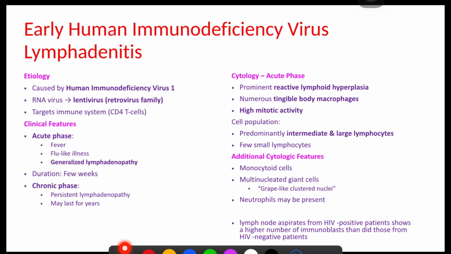Additionally, there are monocytoid cells like multinucleated giant cells, also known as grape-like clustered nuclei, and neutrophils may be present. Studies showed that lymph node aspirates from HIV positive patients have an increased number of immunoblasts than those from HIV negative patients.